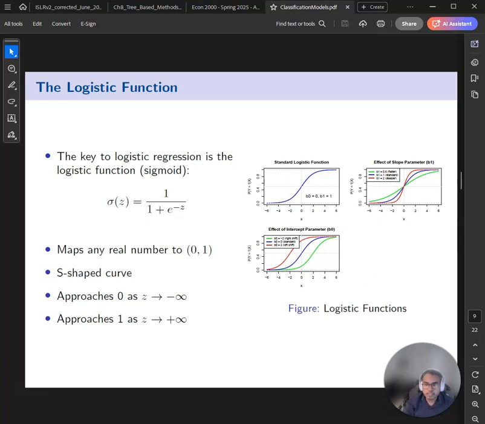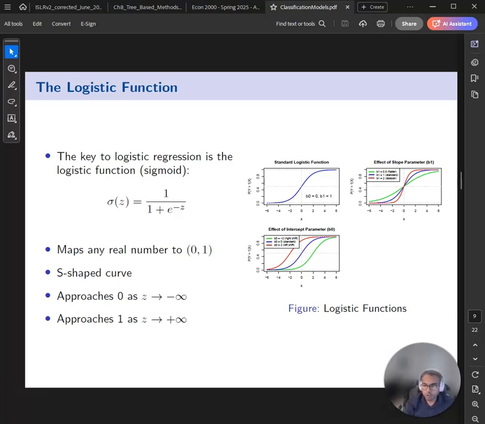Now let's look at the heart of logistic regression, which is the logistic function, sometimes called the sigmoid function. This is really the key mathematical innovation that makes logistic regression work. The formula is sigma(z) equals 1 over 1 plus e to the power negative z, where e is the base of the natural logarithm.